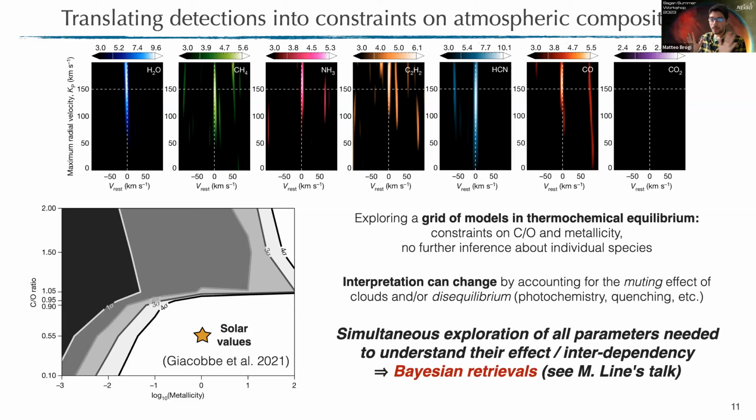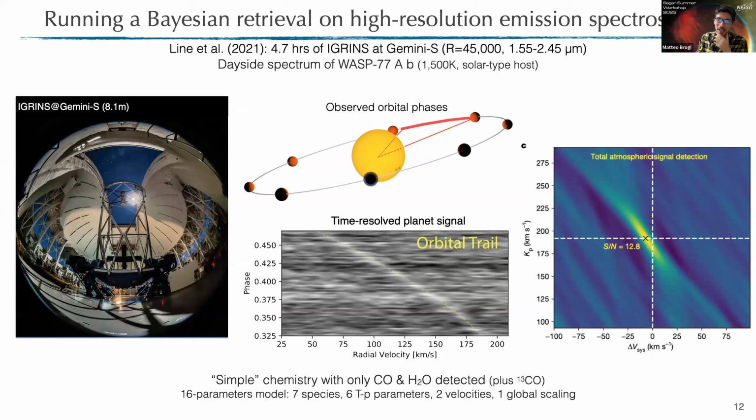So really, in my opinion, the real way around it, to have a fair comparison in this decade and beyond between space and ground observations, is to explore all the parameters that we think are relevant at once, which basically is done similarly to what is done at low res via Bayesian retrievals. And really here, Mike Line will explain what these are, I believe, later today. So I'm presenting here perhaps the best result that we have so far from high resolution by Bayesian retrievals.